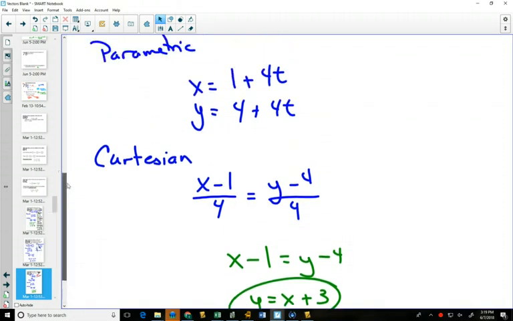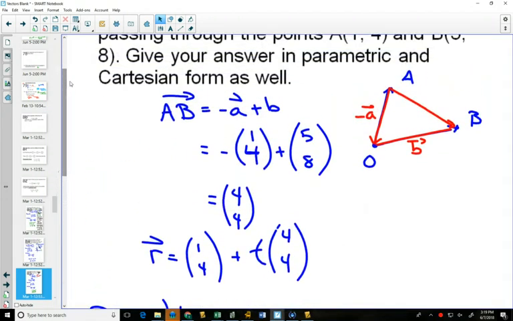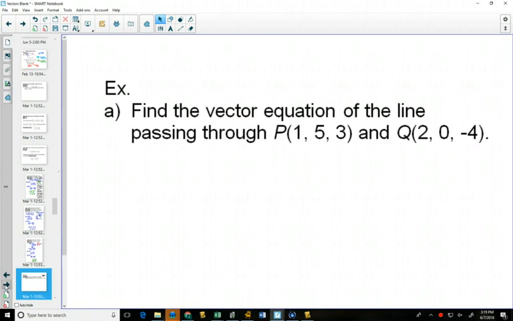So finding your direction vector is like finding your slope. And then you just take any point on your line to make your equation. So the vector equation of a line is very easy to use and also very easy to move into 3 dimensions.